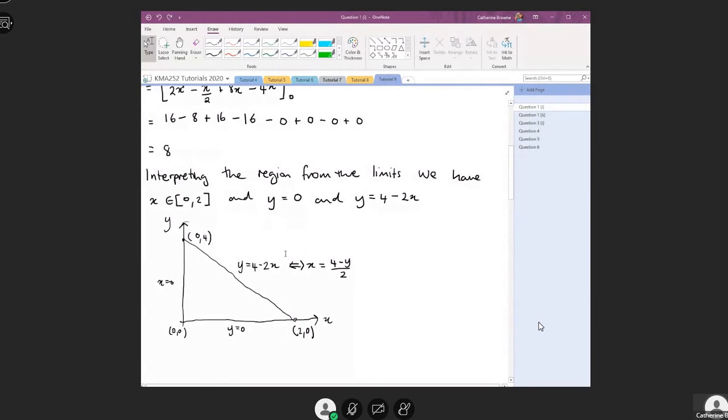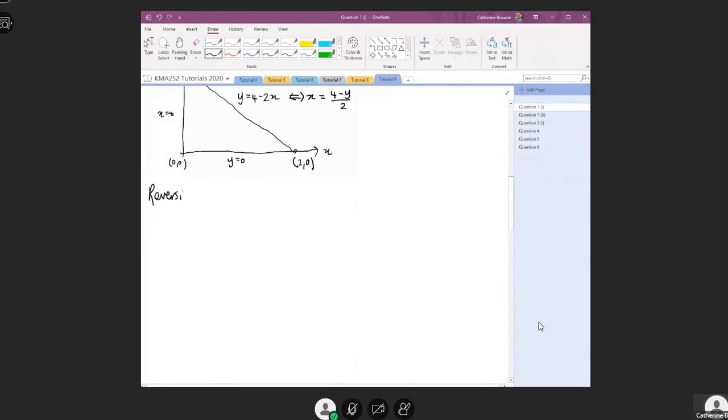So if I write that down, the integral becomes y from 0 to 4, and x from 0 to 4 minus y all on 2. We're still integrating x squared plus y, but now it's dx dy. And then we can just compute the integral again.